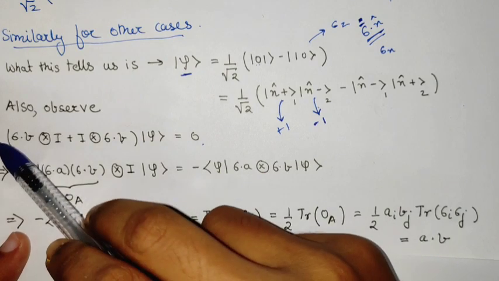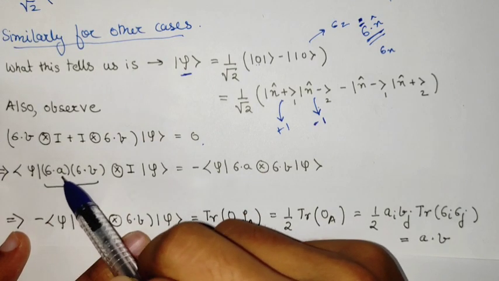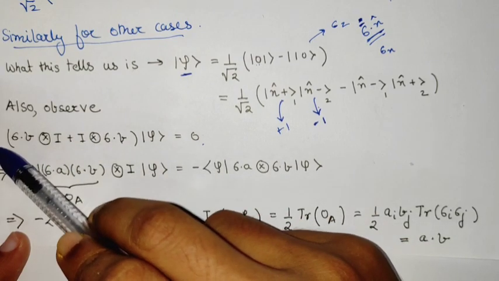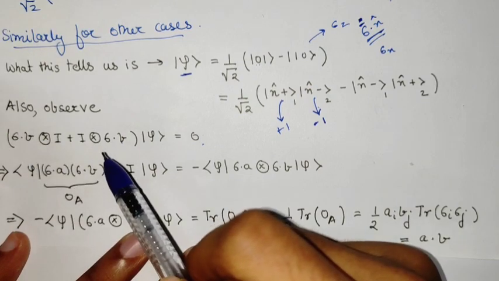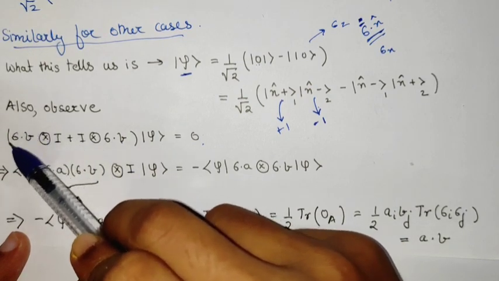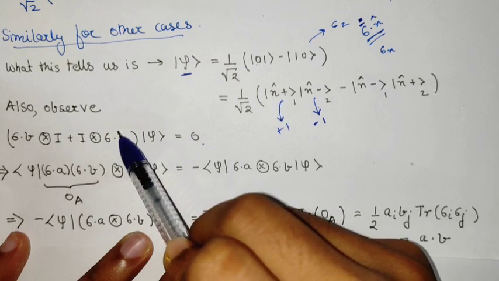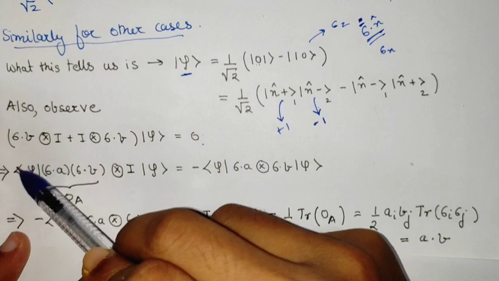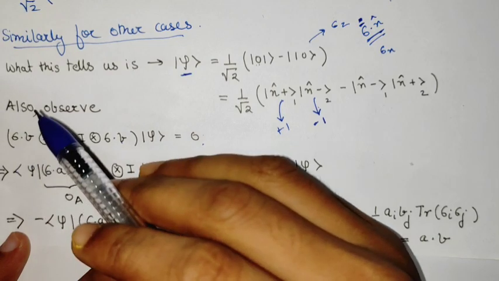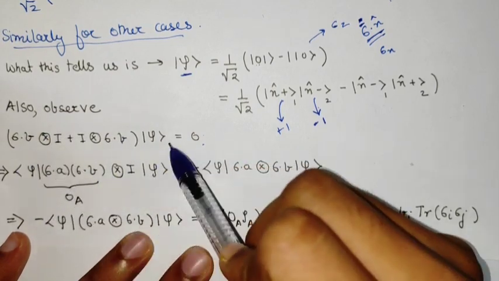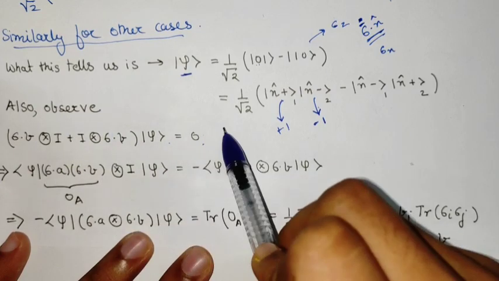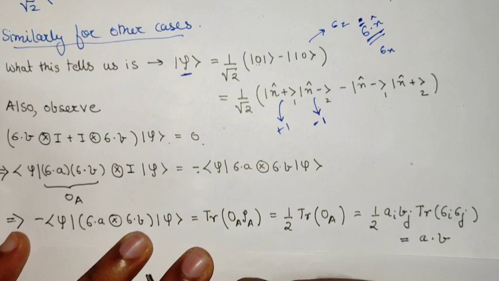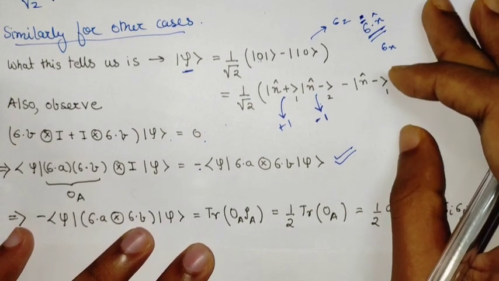Then we can multiply with sigma dot A tensor identity on both sides, from the left side, and we see it will hit this part as well as this part. Then we can again multiply with a bra from the left side and squeeze the entire operator, and take this plus sign here, it will become minus, to get this particular part, and we get this equality here.